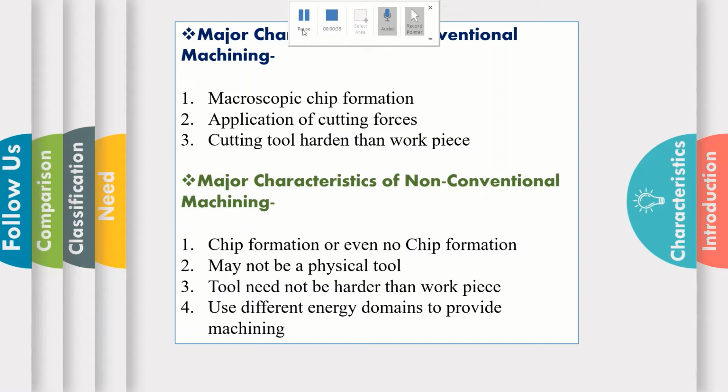They use different energy domains to provide machining. For example, in ultrasonic machining, abrasive jet machining, or water jet machining, mechanical energy is used to machine the material, whereas in electrochemical machining, we are using electrochemical dissolution for the material removal process.